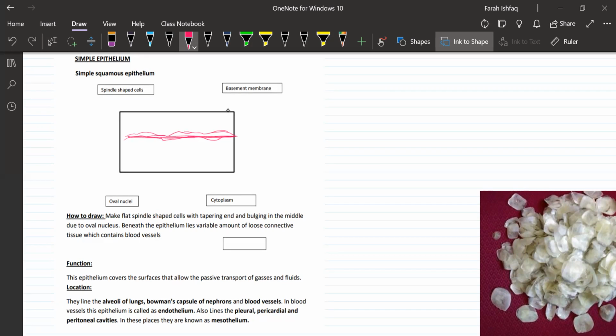So this is the basement membrane, and resting on it are the cells which have a narrow and a bulging part.